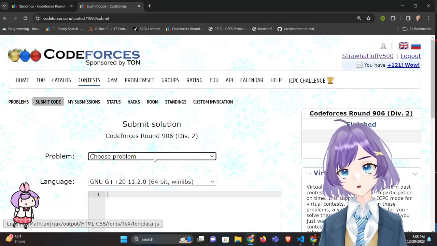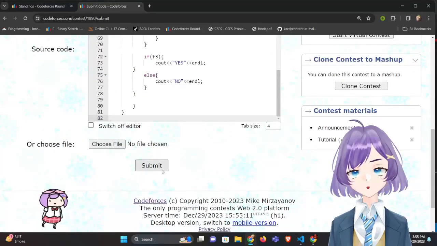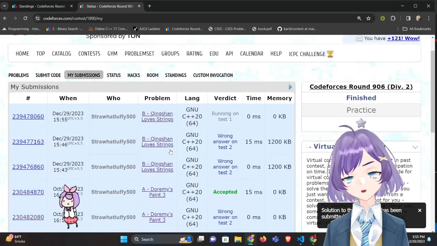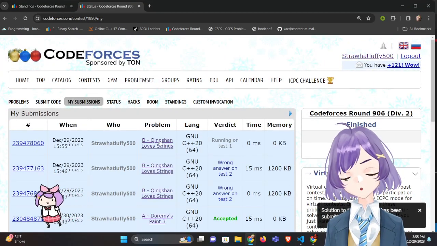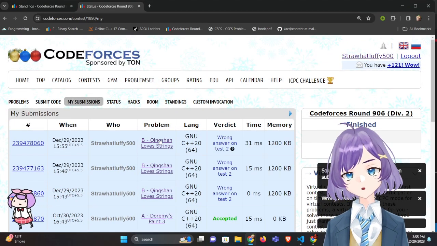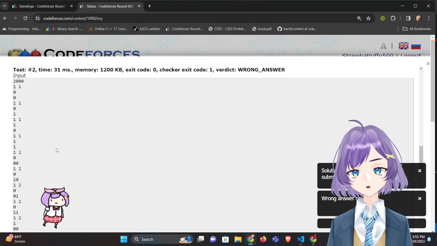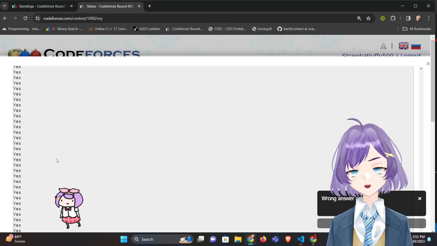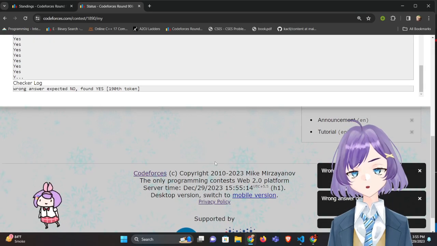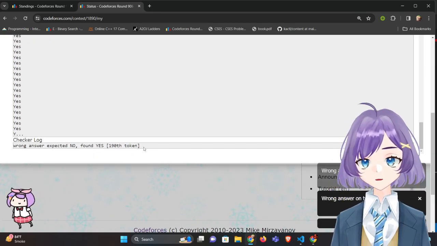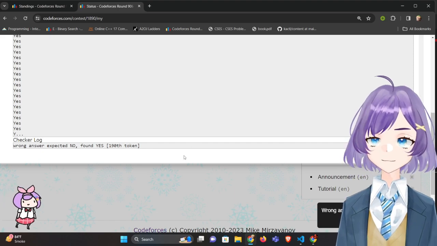Now submitting the code. And why? 198 token once again. What is this?